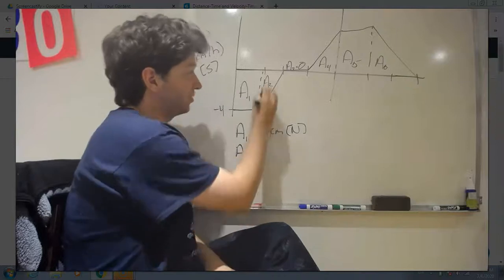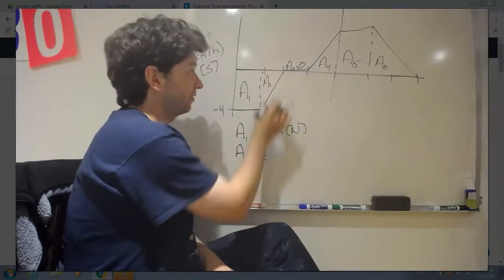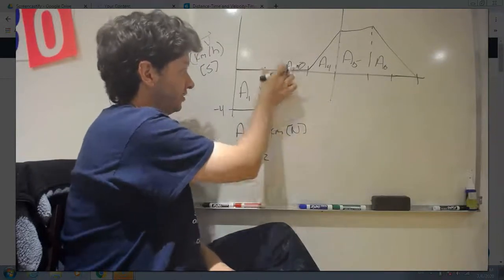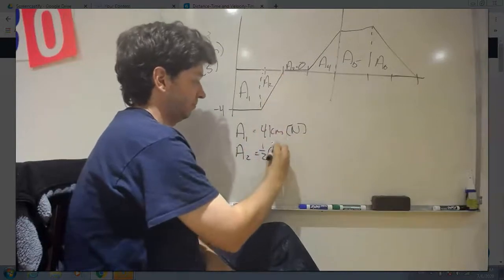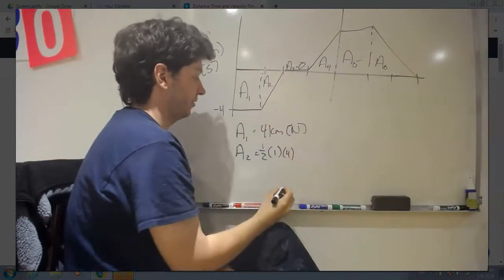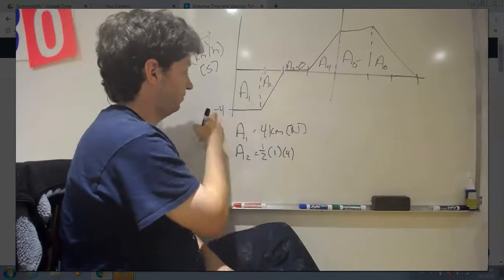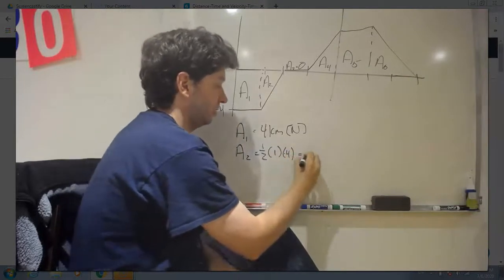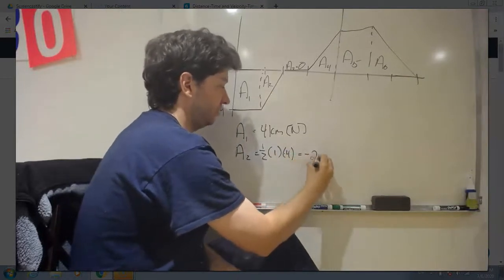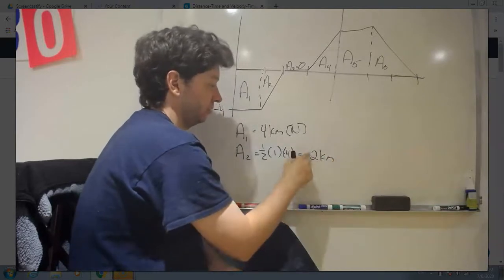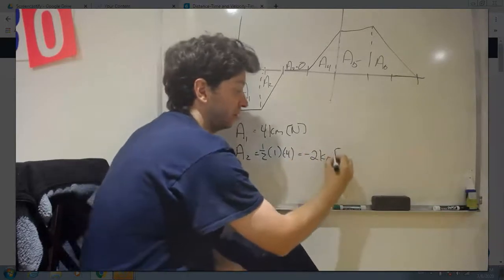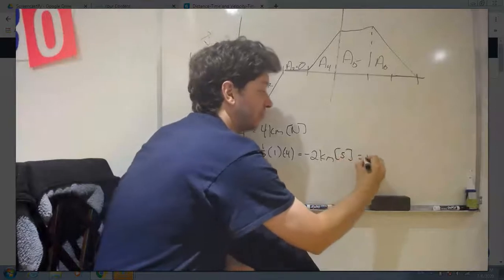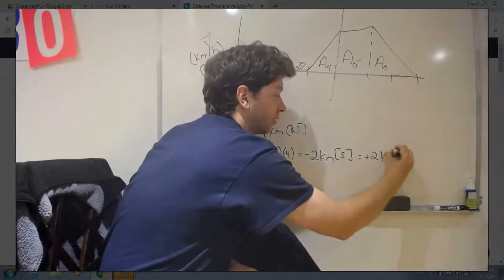A2, well, that's a triangle, so you're going to do a half base times height, which is 1 times 4, and that's also -4. So we get -2 kilometers, or, well, -2 kilometers south, which is the same as +2 kilometers north.